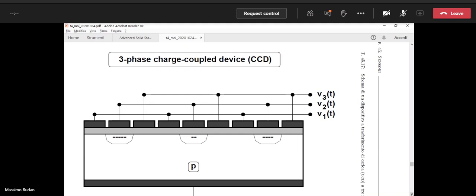So in this very schematic implementation, assume that you have a one-dimensional array of MOS photocapacitors, one near the other.